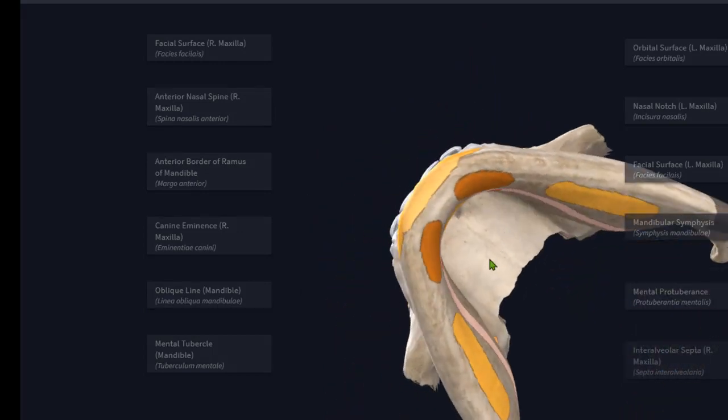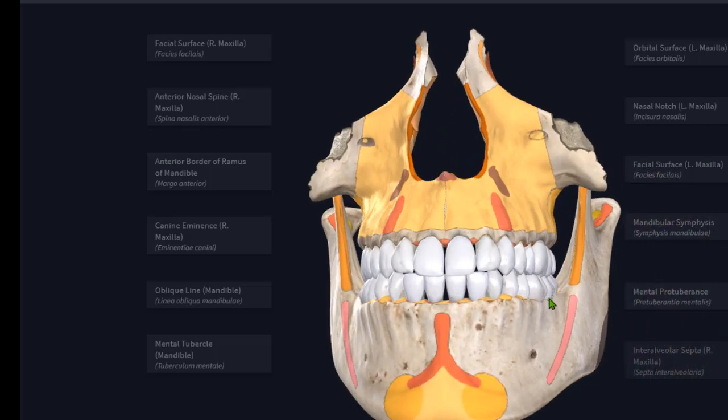So here you'll find the hard palate. This is actually the palatine process of the maxilla, and here you'll find the palatine bone. The two maxillary bones are fused together over here.